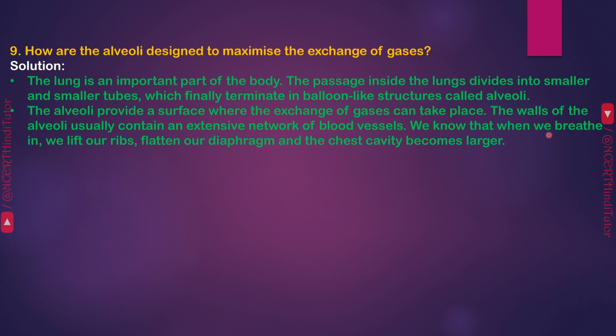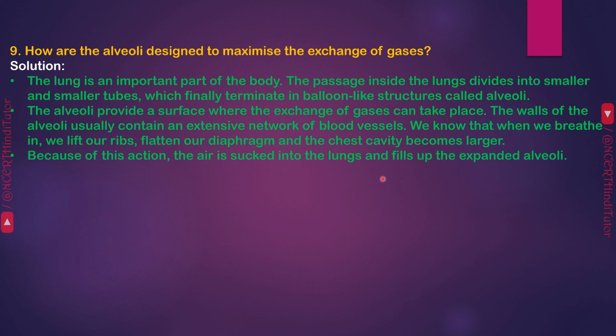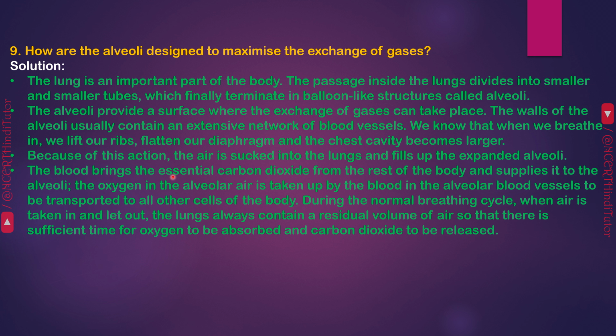We know that when we breathe in, we lift our ribs, flatten our diaphragm, and the chest cavity becomes larger. Because of this action, the air is sucked into the lungs and fills up the expanded alveoli. The blood brings the carbon dioxide from the rest of the body and supplies it to the alveoli.